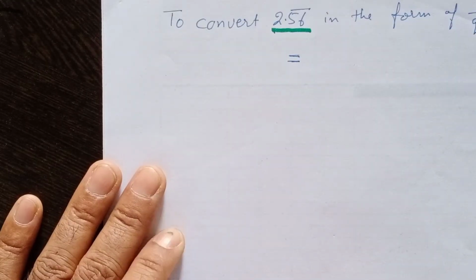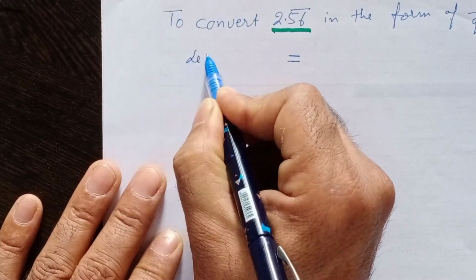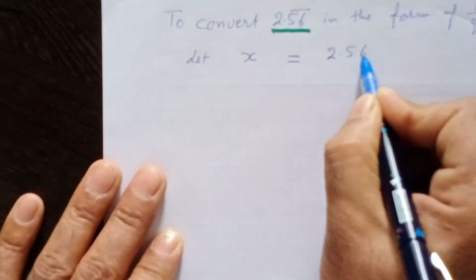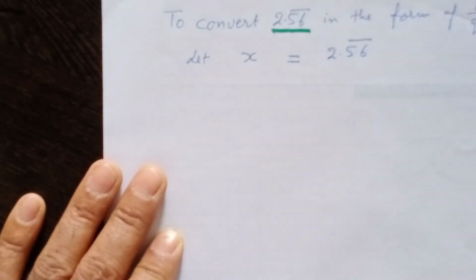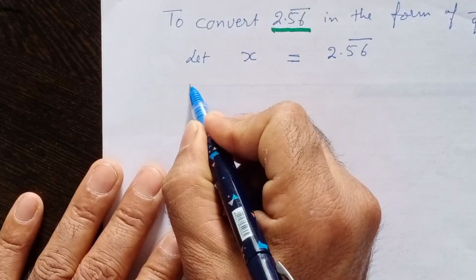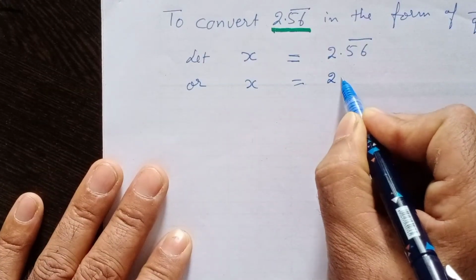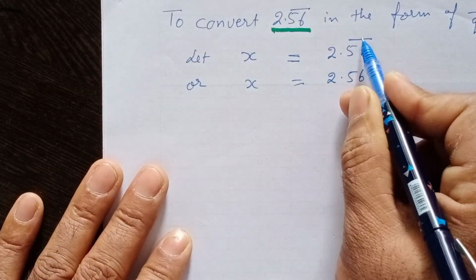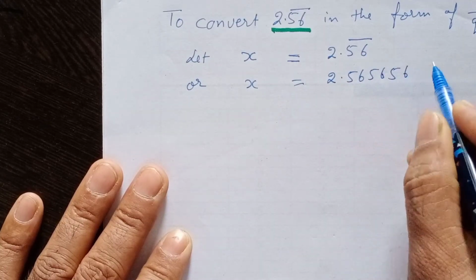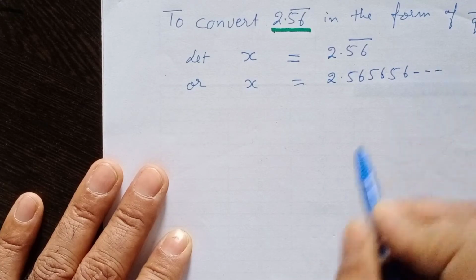So we start like this: let x be equal to this. We are taking it as x. So in the next step, we are expanding this. 2.56 bar means 56 again and again. Writing it 3 times is sufficient.